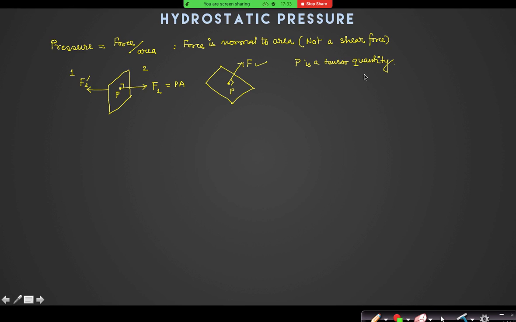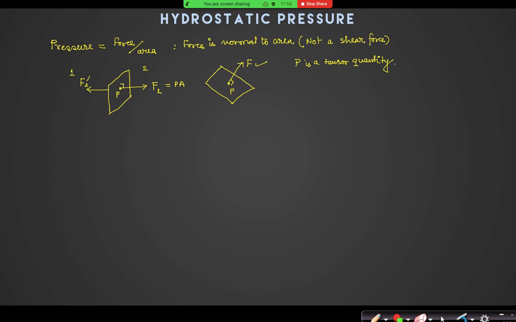Do you remember one important property? What is the basic difference between a tensor and a vector? Vectors can only have one unique direction, but tensors have different directions.